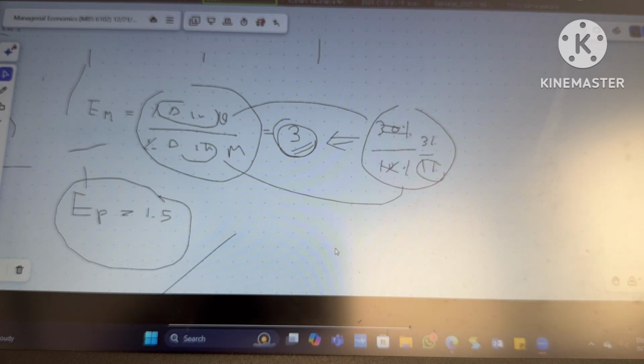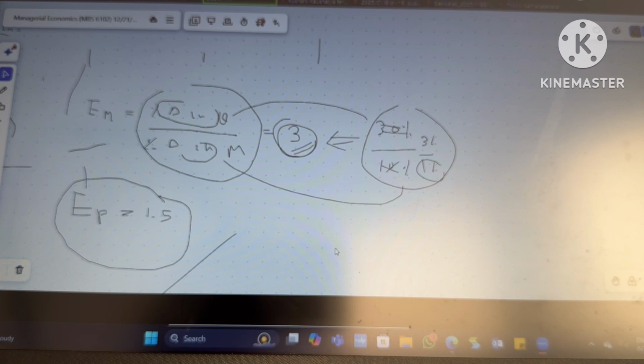Okay, clear? In response to a 1% price change, demand for that product is going to change by 1.5%. You can use different wording, of course. For every 1% change in price, quantity demanded changes by 1.5%.